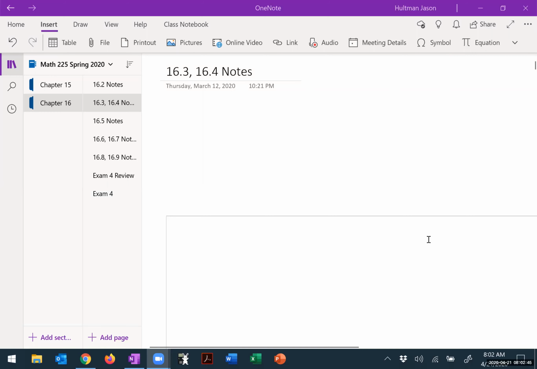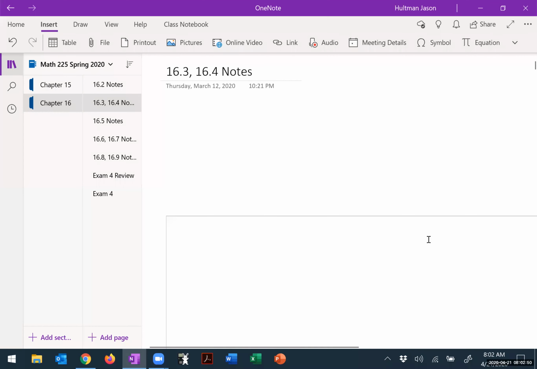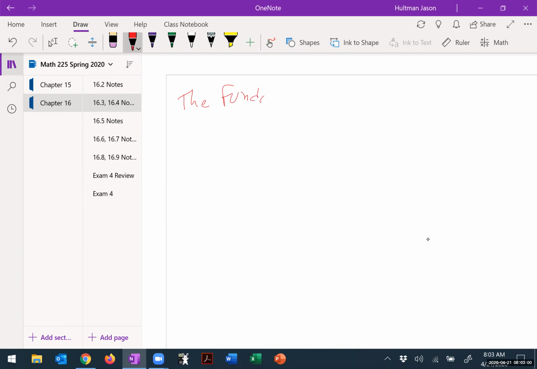Okay, so let's go into 16.3. 16.3 is the fundamental theorem of line integrals. So let's start writing this out. Let's write out a formal definition for this.